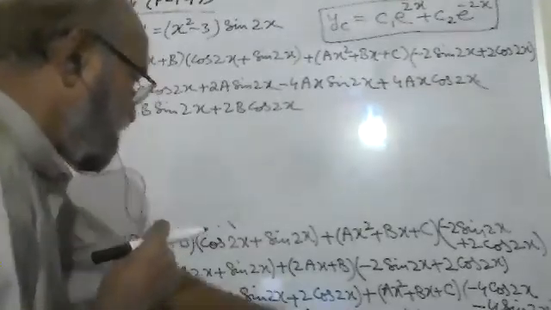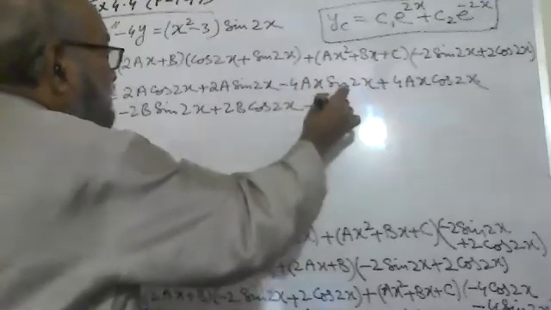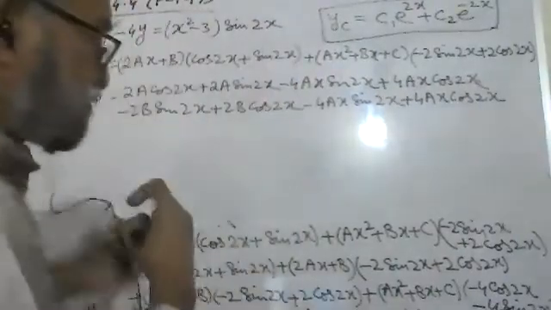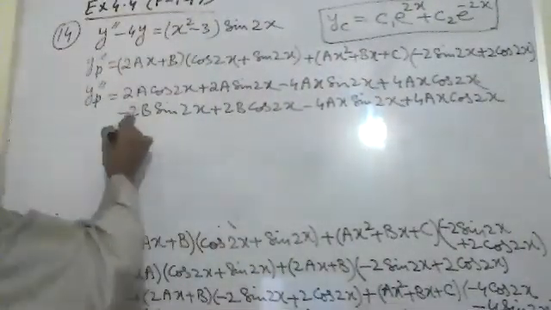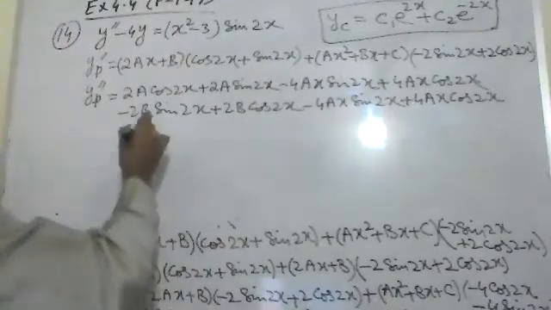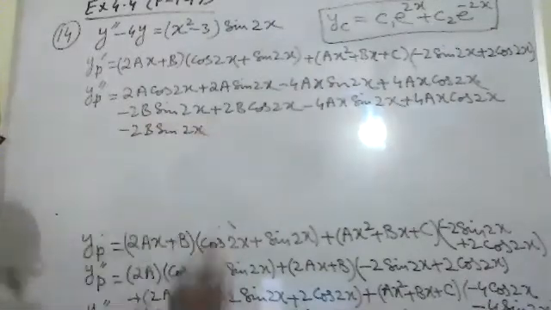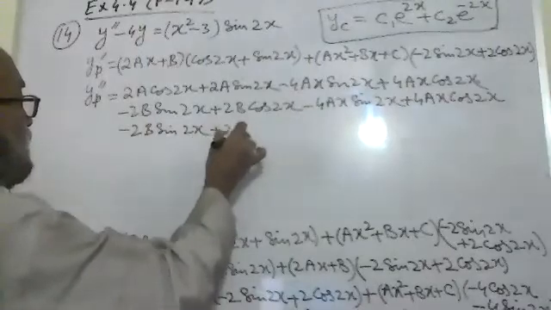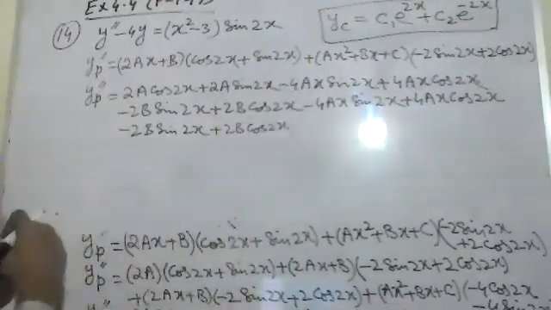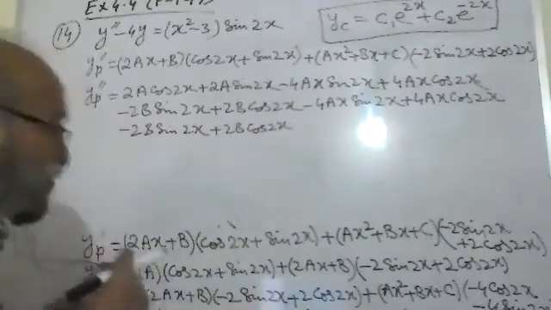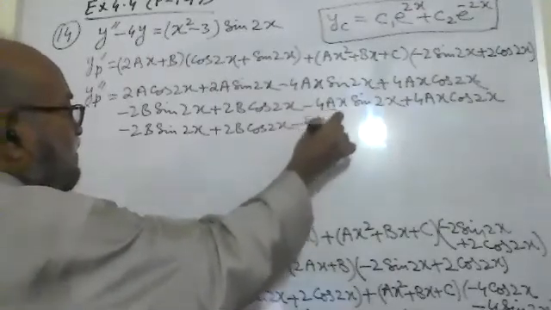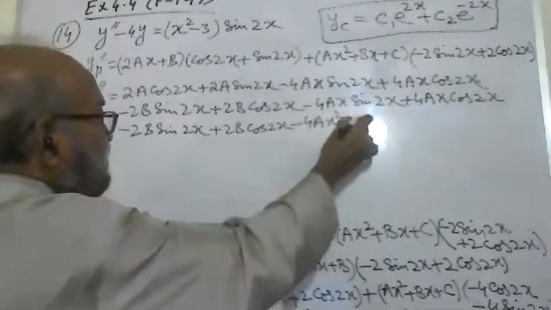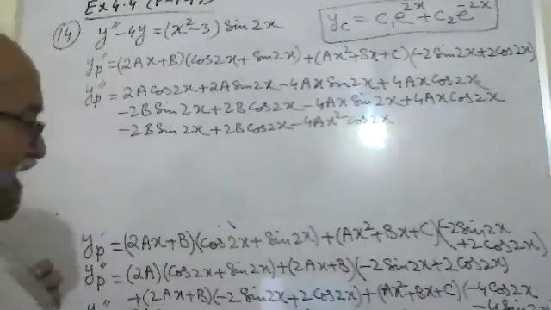Minus 4ax sin 2x plus 4ax cos 2x minus 2b sin 2x plus 2b cos 2x minus 4ax square cos 2x minus 4ax square sin 2x.